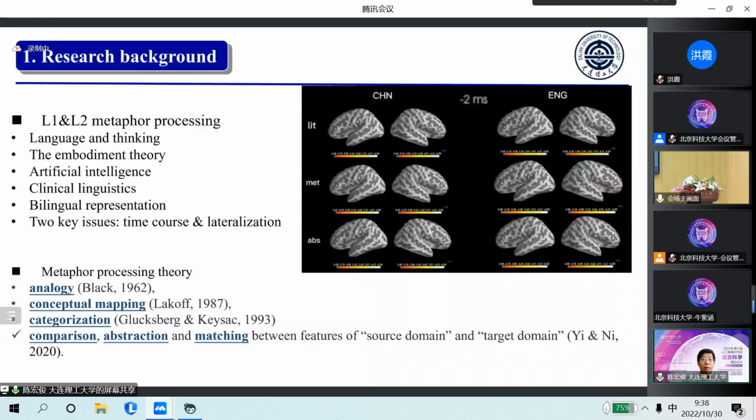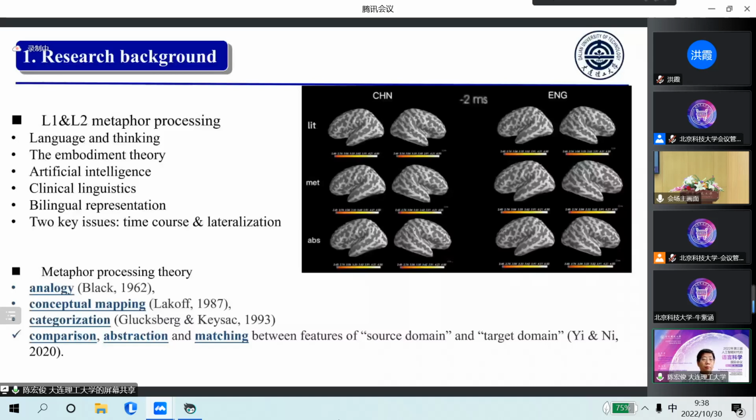I won't elaborate on the details, but according to Professor Ni Chuanbin and his student's study, all of these theories can be categorized into three types.